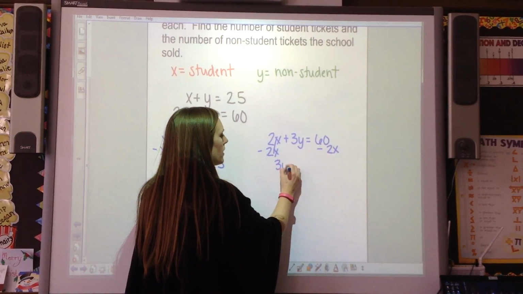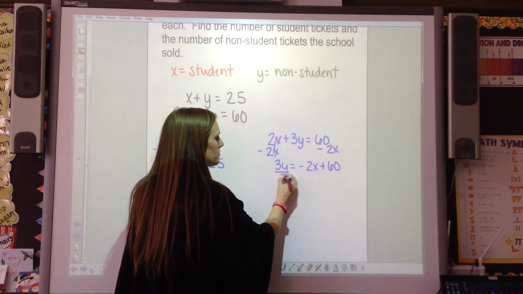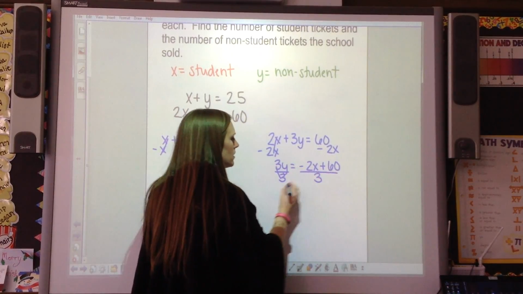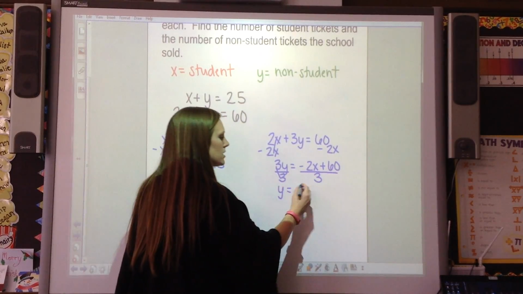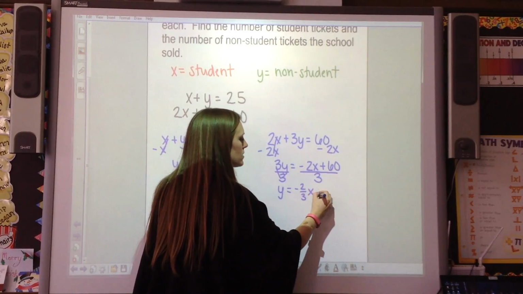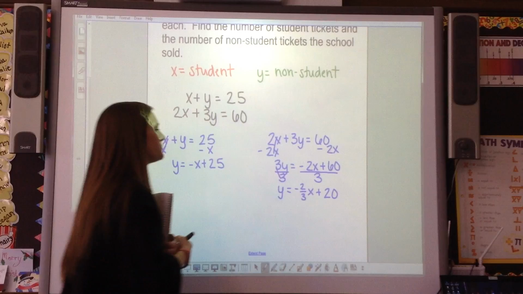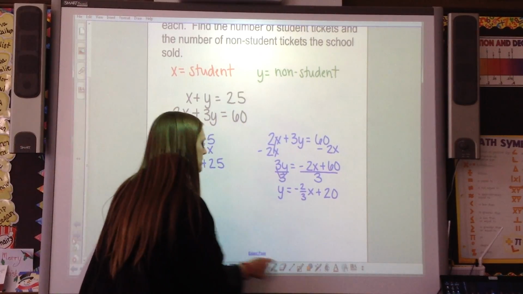I get 3y equals negative 2x plus 60. And divide both sides by 3. Divide both terms by 3 on the right side. This doesn't come out evenly, so I leave it a fraction. 60 divided by 3 is 20. Now I have an m and I have a b, so I can graph.